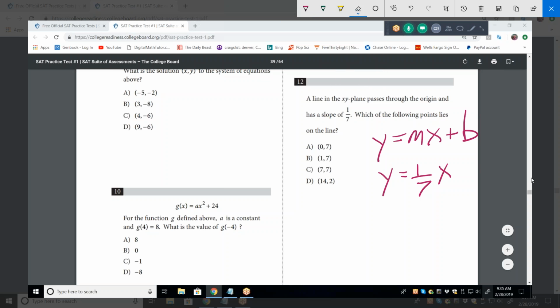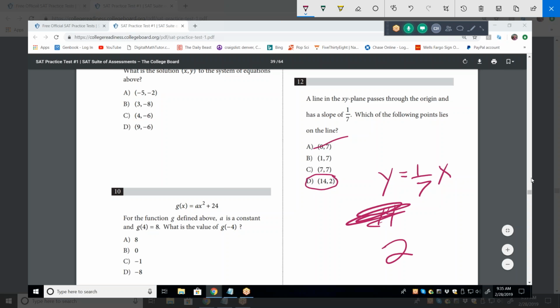Now the problem becomes much simpler because we can plug into this equation. Clearly, when x is 0, y is 0. That's not right. And if we were attempting to prove that, is this a true statement when y is 2 and x is 14? Yes. That is true.